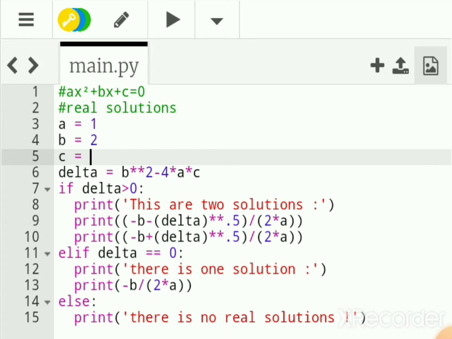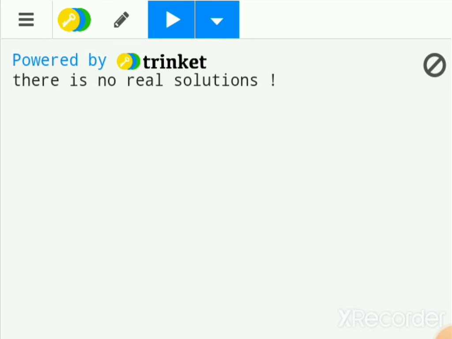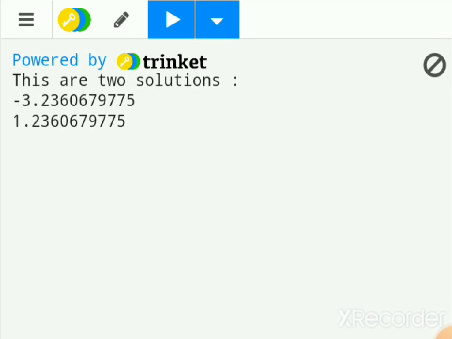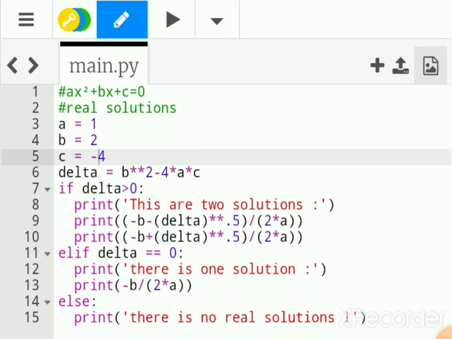Here we will give it, for example, 4, and we will see what solution it gives us. So there is no real solution. If we give it, for example, -4, there are two solutions, the first and the second. So this is how to use conditional statements in our programs.